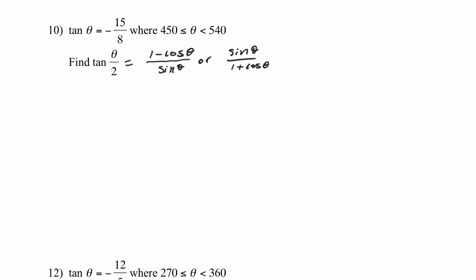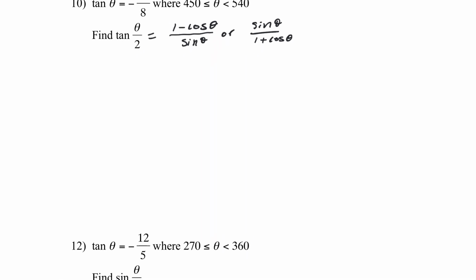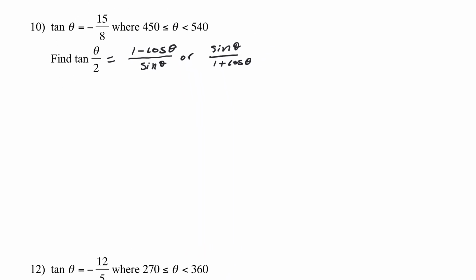But in this example, we have tangent of theta equals negative 15 over 8. And I'm using theta, which is between 450 and 540. Where is that? How do I fix that? Those angles are beyond 360, right?